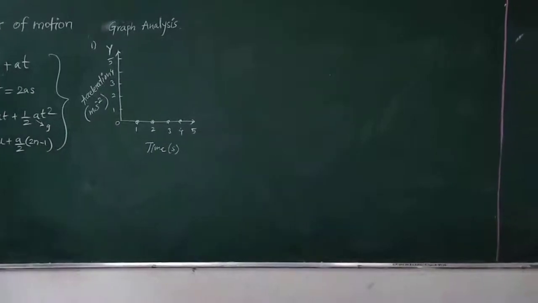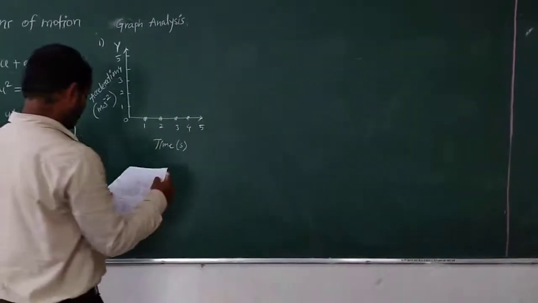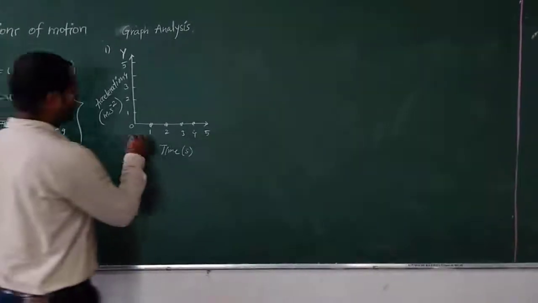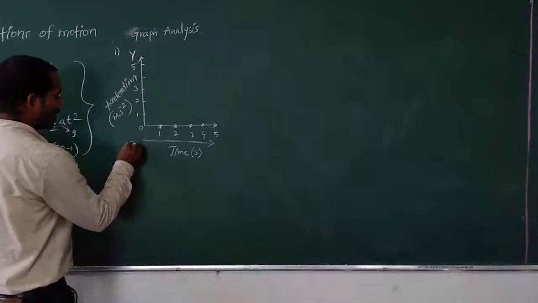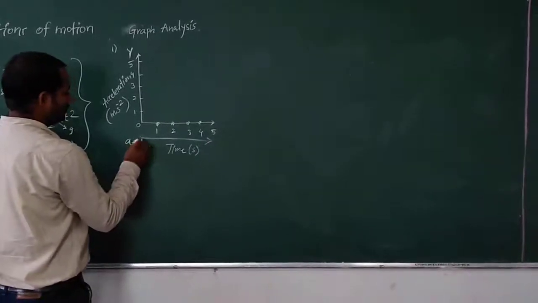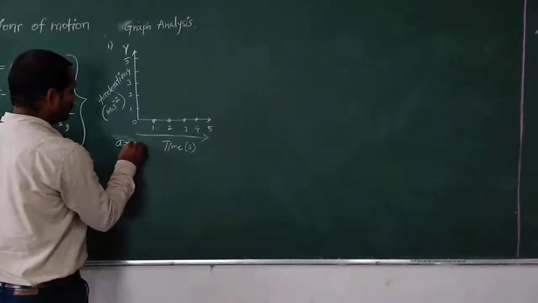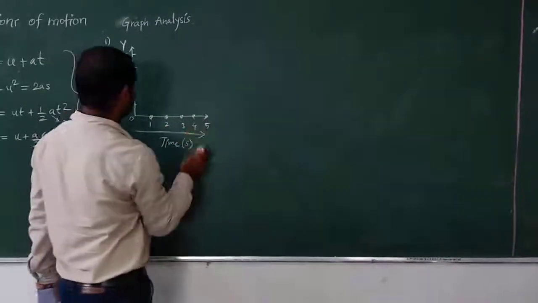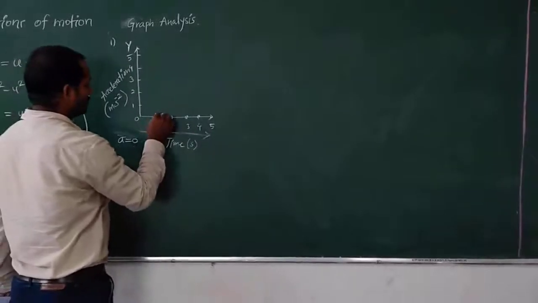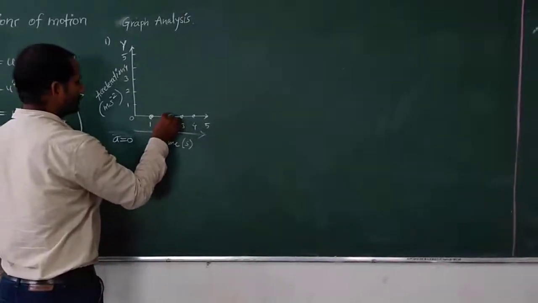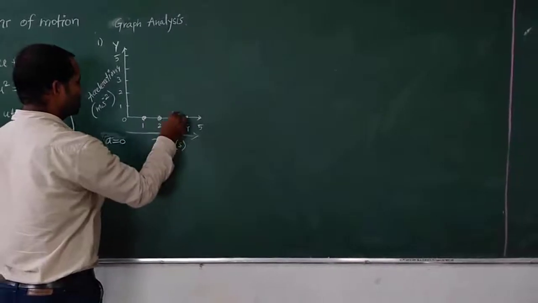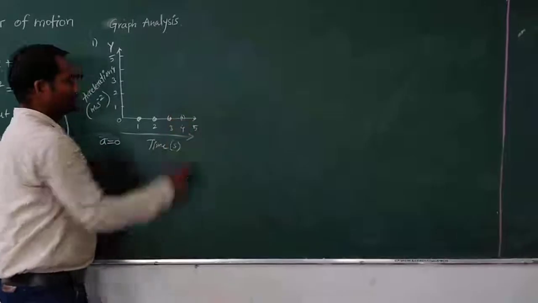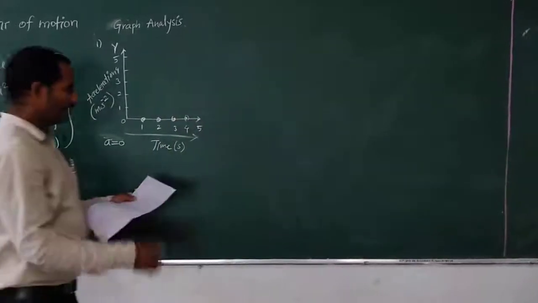Acceleration is not changing, or acceleration is 0, moving with uniform velocity. Some velocity is here, the same velocity at this point, the same velocity at this point, and the same velocity also at point 4.